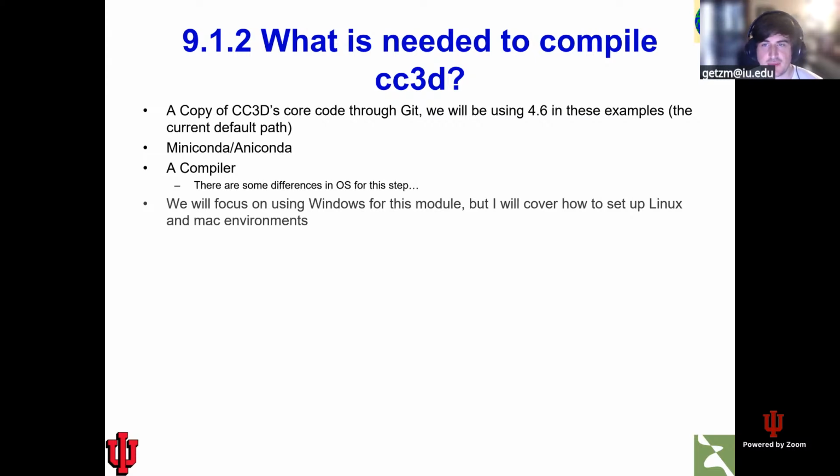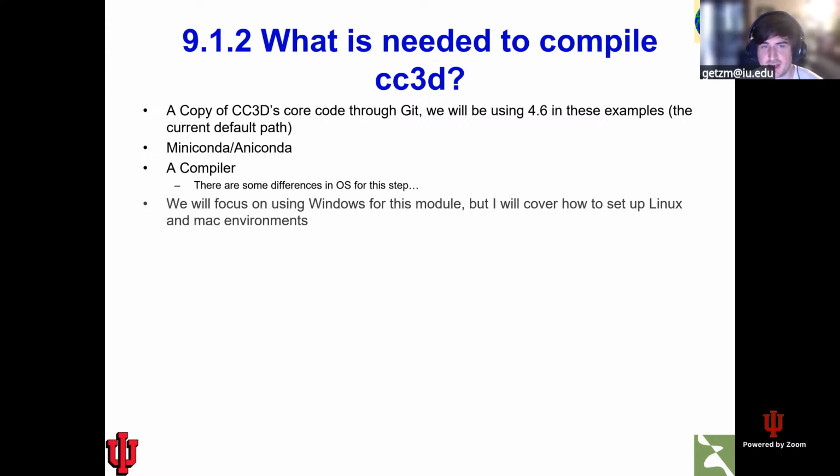So in order to compile CompuCell, there's really three main things. You need a copy of CompuCell3D's core code through Git. We will be using 4.6 in these examples, which is, if you go to the GitHub, currently the default path. You need Miniconda or Anaconda.